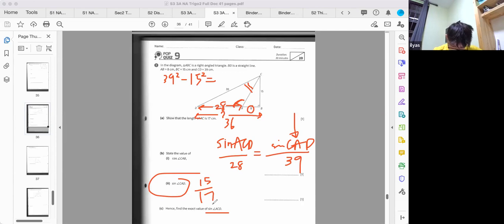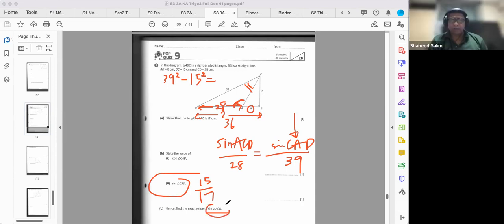But they want sine, that means you leave the sine. Don't invert sine. You just bring this 28 over, 28 times 15 over 17, over 39. Don't find ACD, they didn't ask you to find ACD. They want you to find sine ACD.